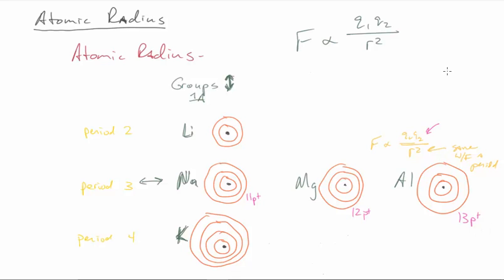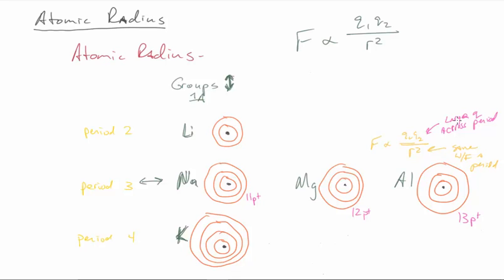And this is where we're going to see our charge get bigger. I'm going to have a larger Q across a period, and this has to do with the addition of a proton as I move across. Just basic number sense, the top of that fraction or ratio is getting larger, so my force of attraction is getting larger.